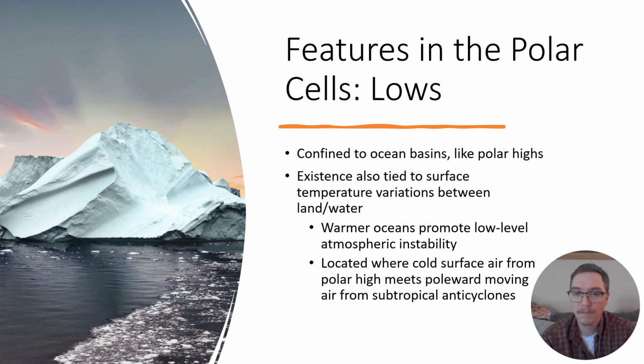And these lows are typically located where cold surface air from our polar high meets poleward moving air from subtropical anticyclones. And you get this low pressure system at the surface.